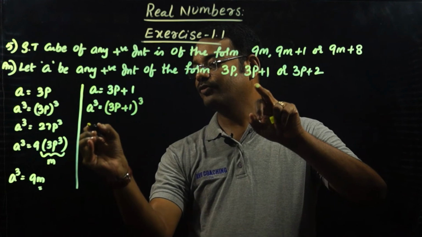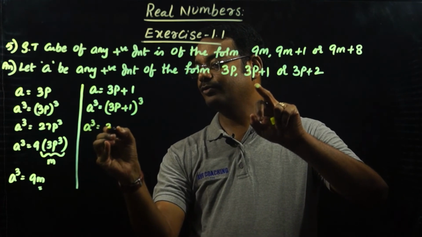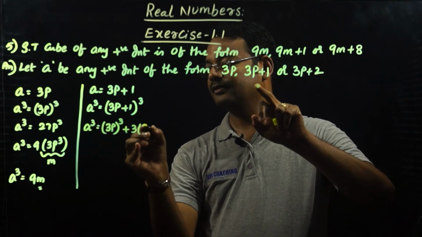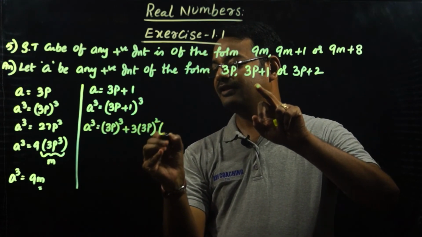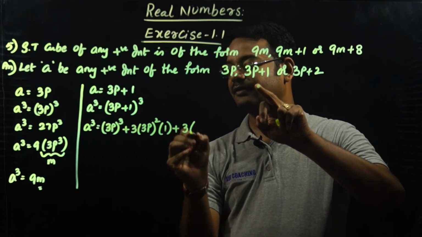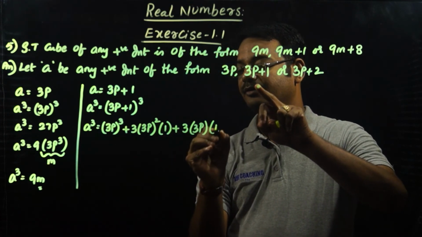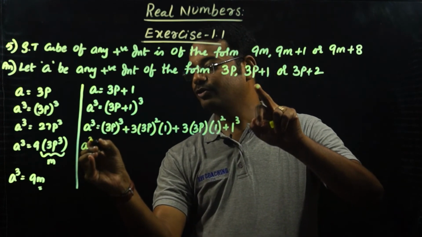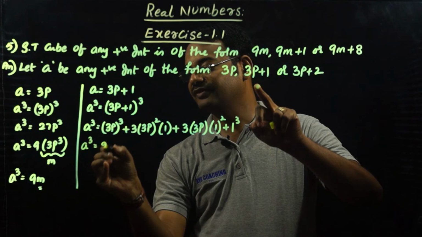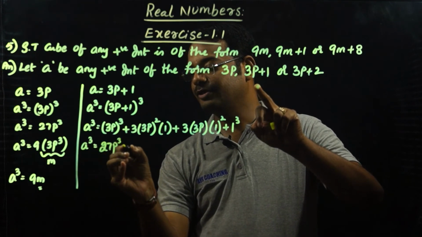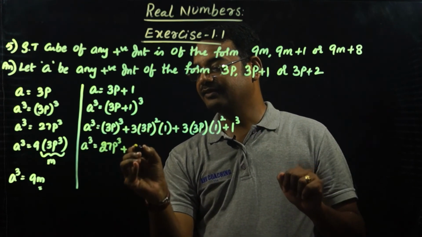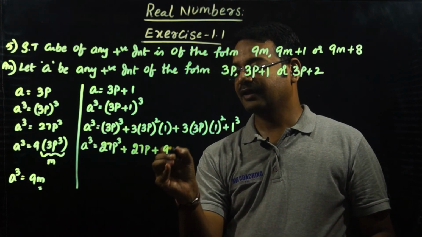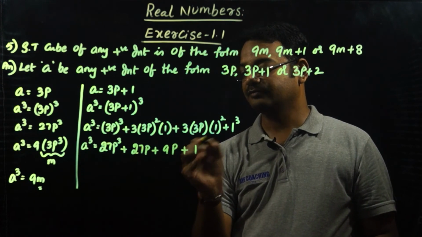Now the whole cube formula is A cube plus 3A square B plus 3AB square plus B cube. So now A cube equal to 27p cube plus 27p square plus 9p plus 1.